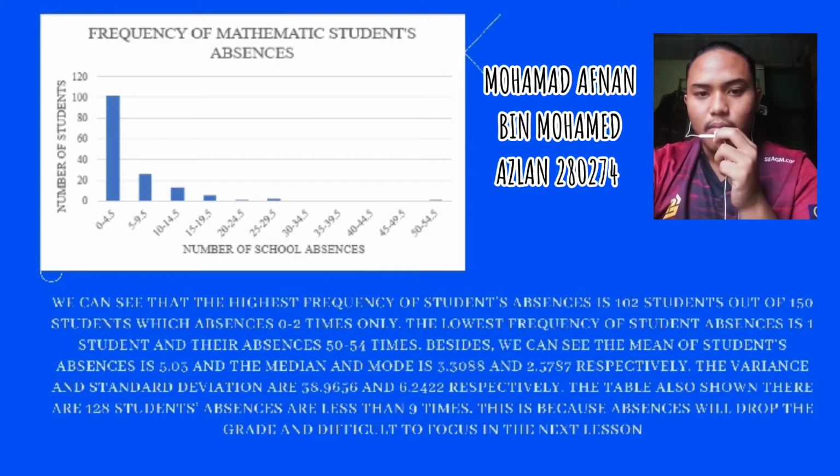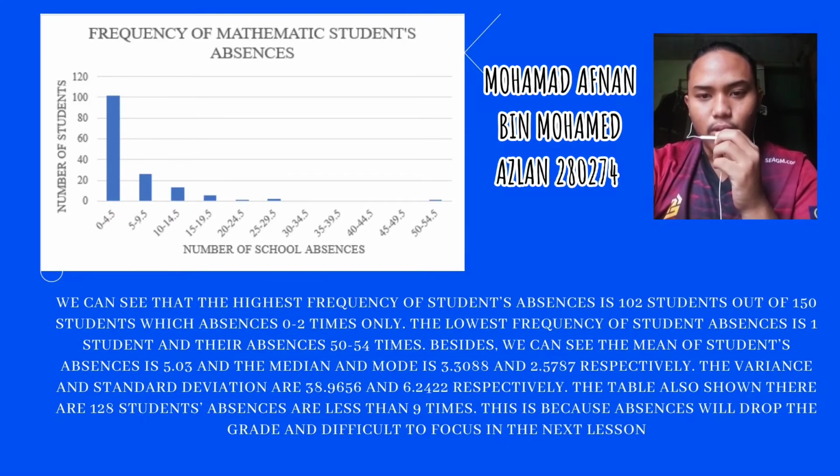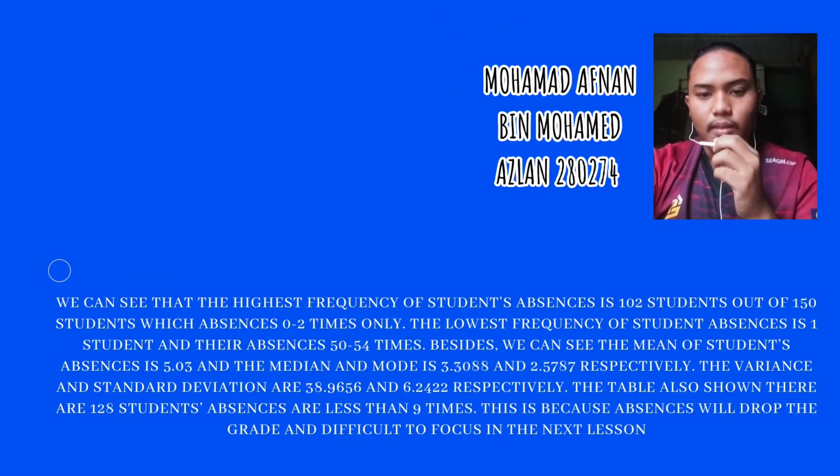Besides, we can see the mean of student absences is 5.03, and the median and mode are 3.3088 and 2.5787 respectively. The variance and standard deviation are 38.9656 and 6.2422 respectively.